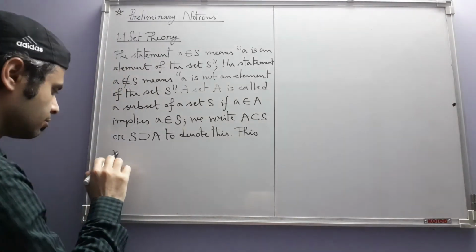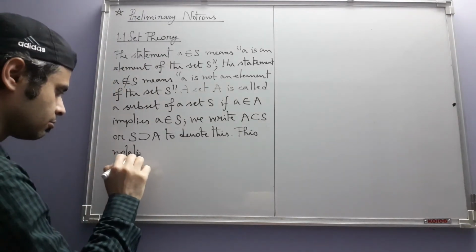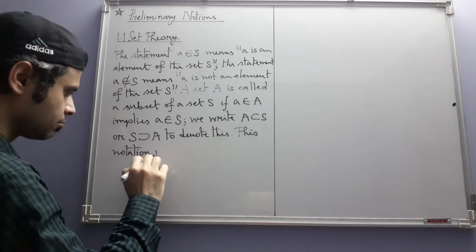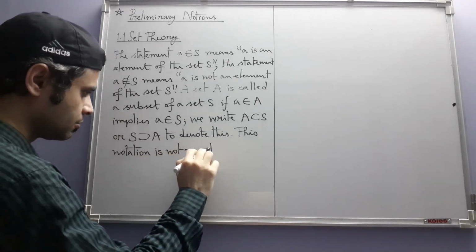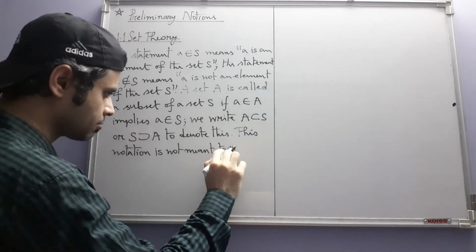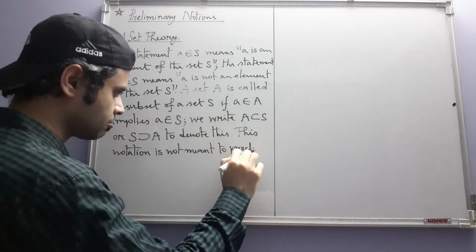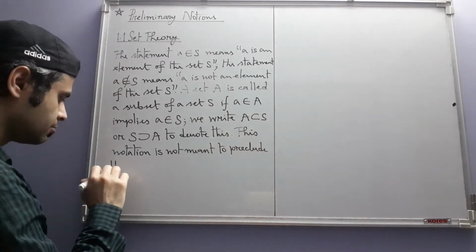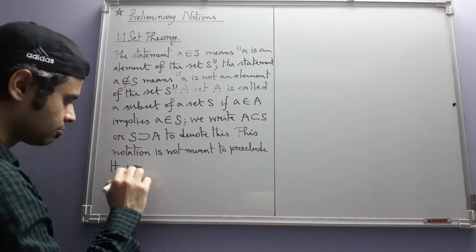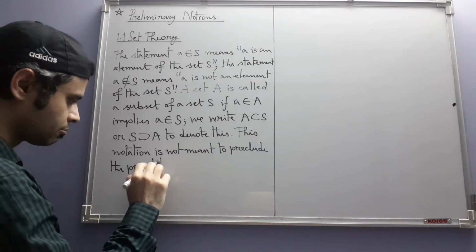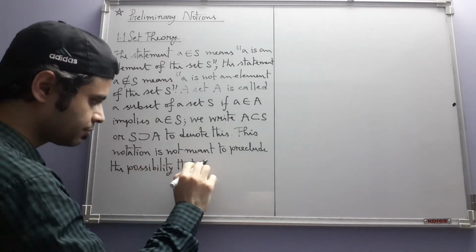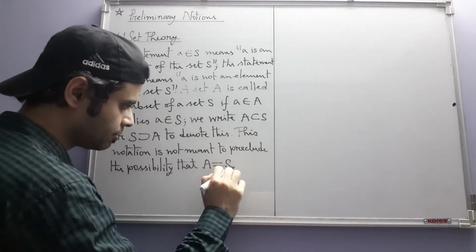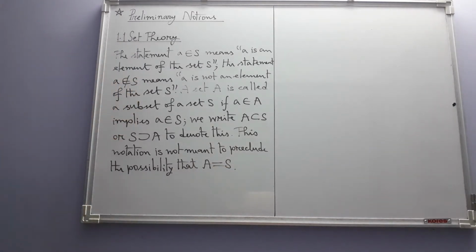Okay, this notation is not meant to preclude the possibility that we may have A equal to S. Precludes means preventing from happening.